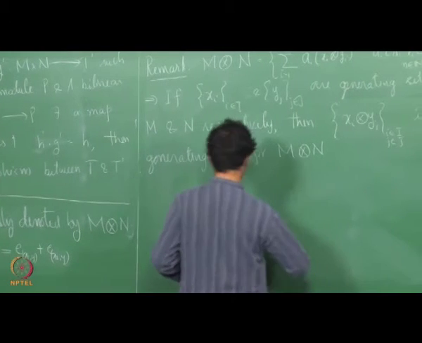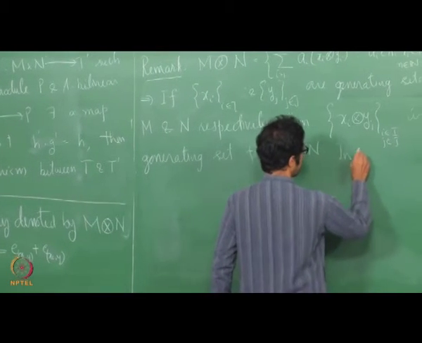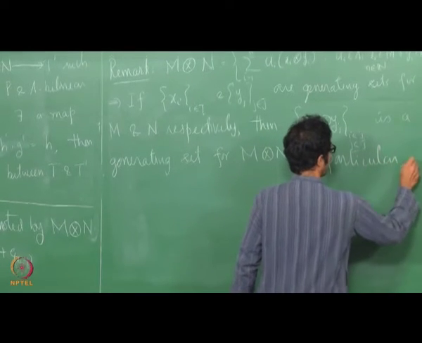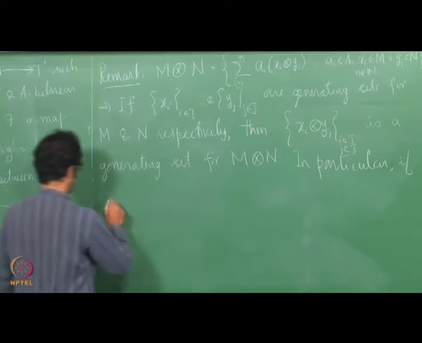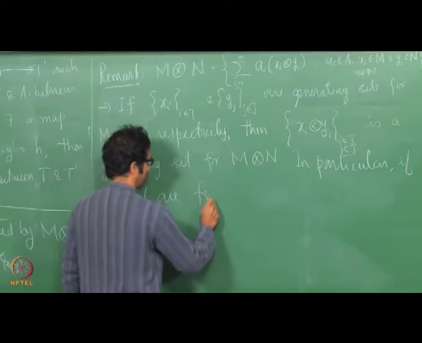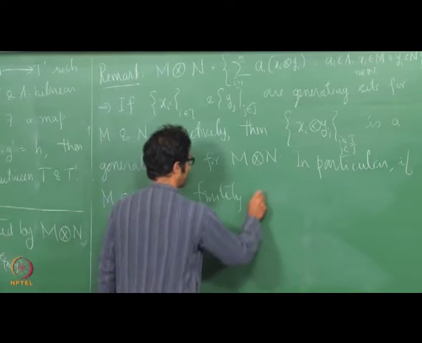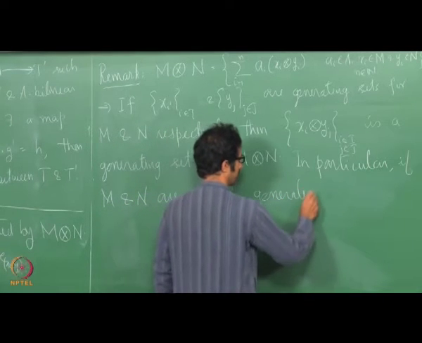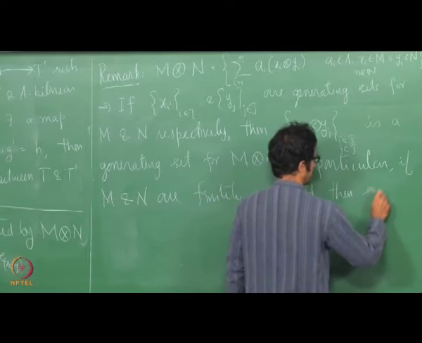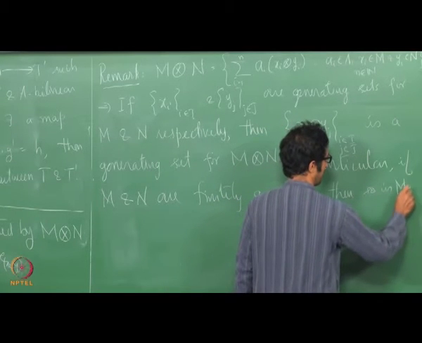In particular, if M and N are finitely generated, then so is M tensor N.